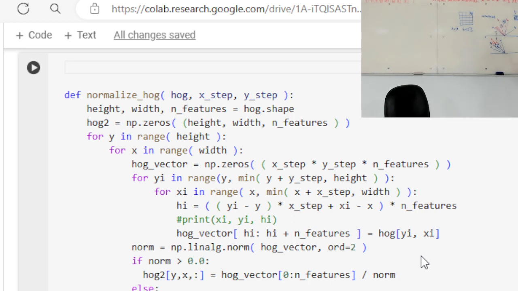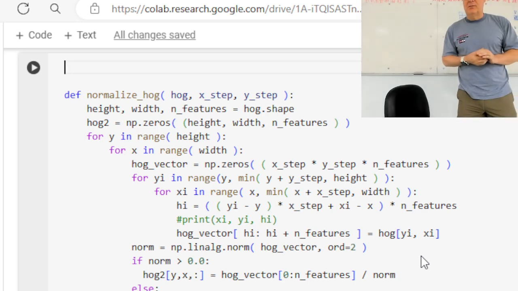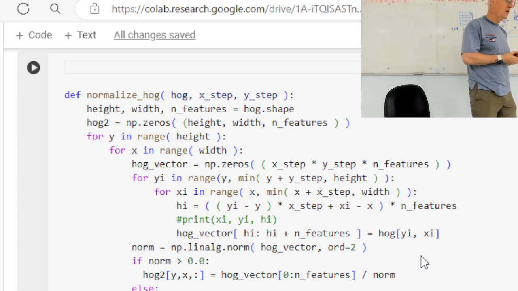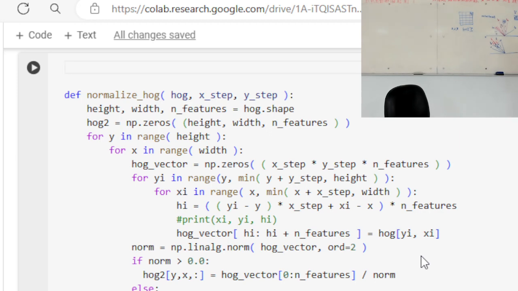Because then if it's a uniform region, the magnitude of that vector is going to be very low. So it's going to have a very small impact on your image. On the other hand, areas in the bright light will have vastly different magnitudes. So how to deal with that?